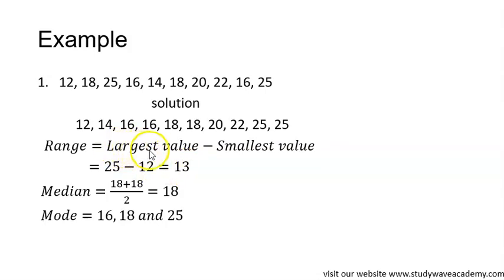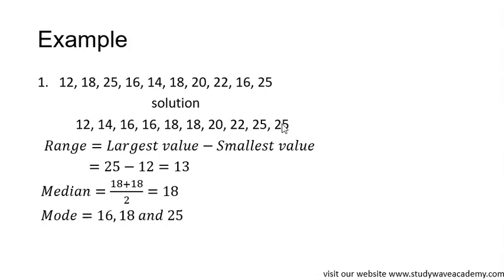Now to get the median, how many numbers do we have here? 1, 2, 3, 4, 5, 6, 7, 8, 9, 10. We have 10 numbers. Since there are 10 values, the median is the average of the fifth and sixth value, okay? You know the median is the middle number, but here there are 10 numbers.